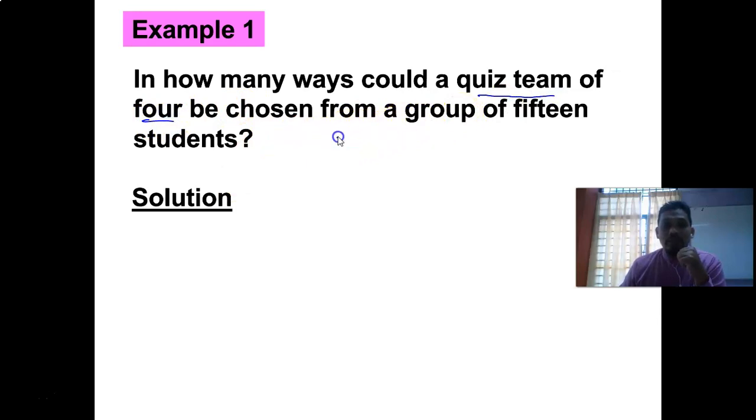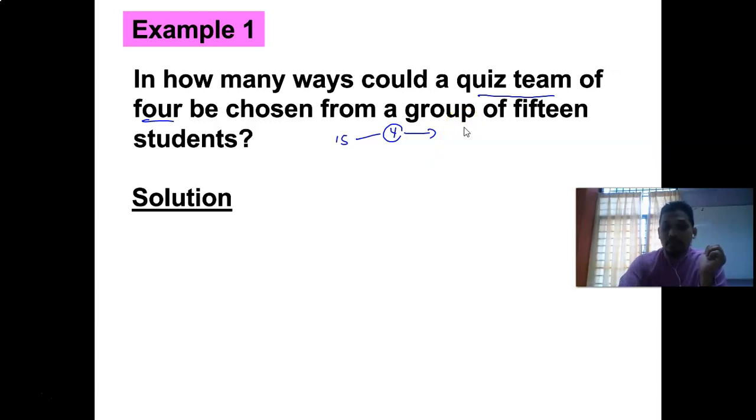So in my class I have 15 students, and I need to select the best 4 for this competition. If I select the best 4 and send the application form to the organizer, it means the arrangement is not important. As long as I send the names of 4 of them to the organizer, it is done.